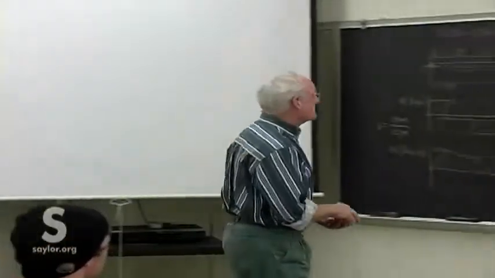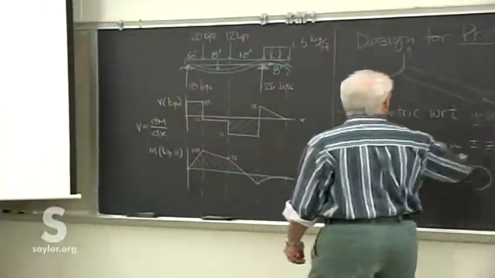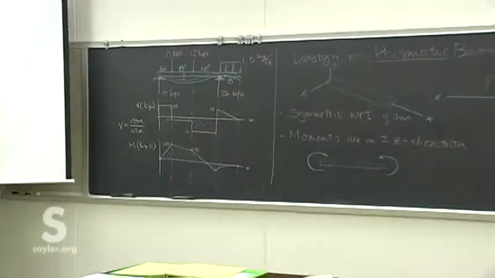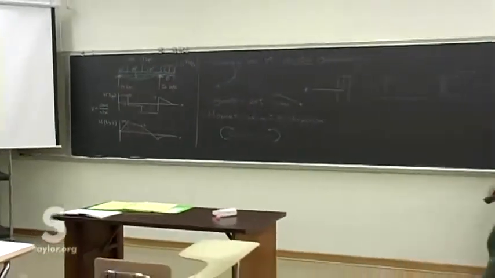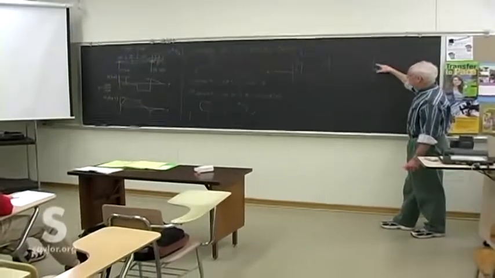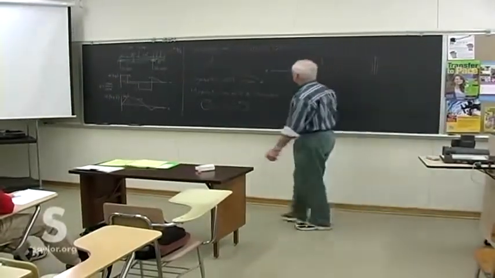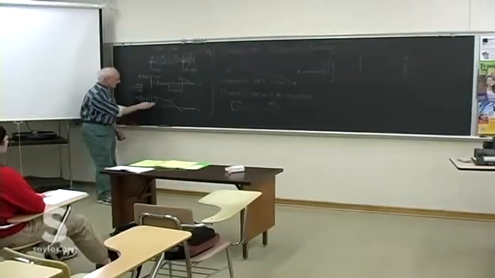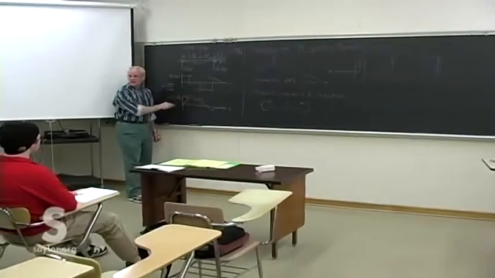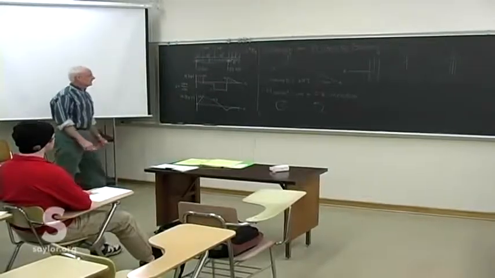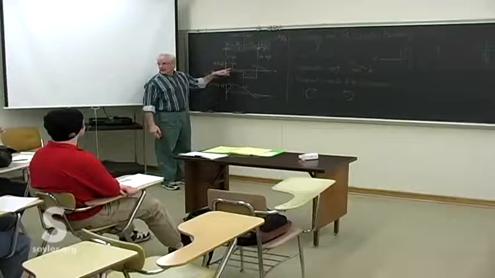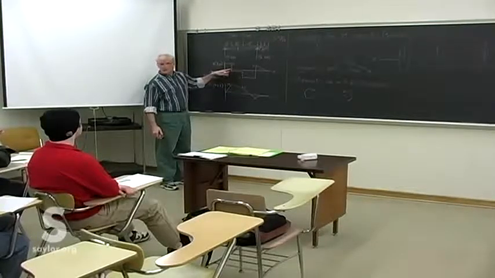So that's our whole setup for the design for prismatic beams, and now we're going to actually talk about these cross sections. What do we need in terms of the actual shape and dimensions of the cross sections to help us protect the beam against those moments? And the shear, we just need enough area to avoid shear failure.